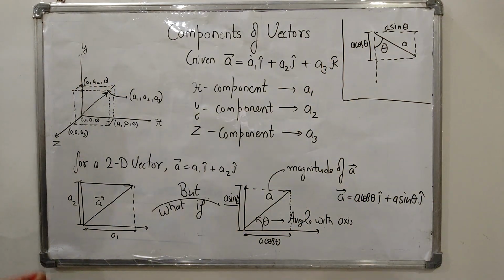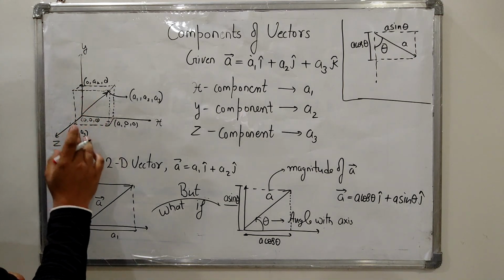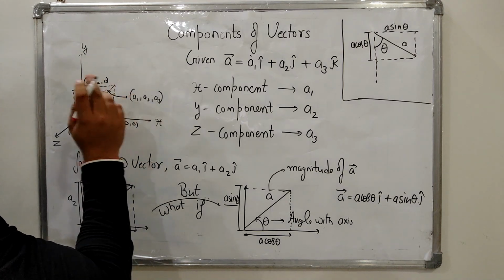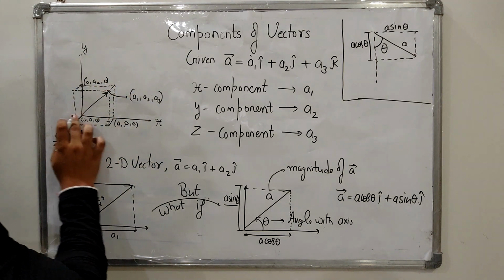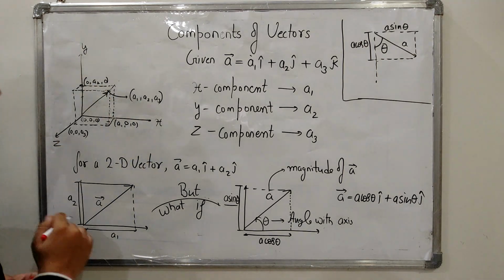Now, when we are talking about 3D, just assume that the vector is a diagonal of a cuboid having length, breadth and height as a1, a2 and a3. In this particular scenario, the length is a1, the breadth is a3 and a2 is the height, right?